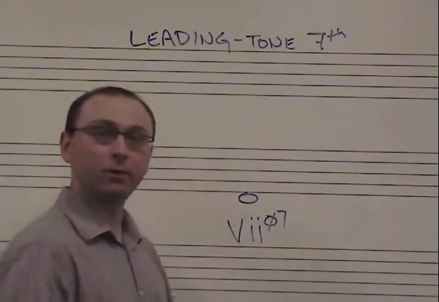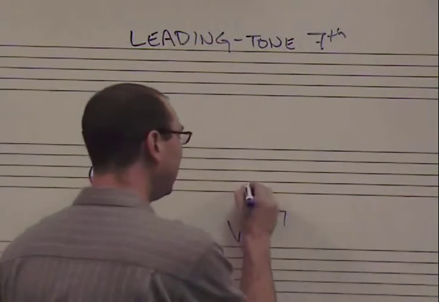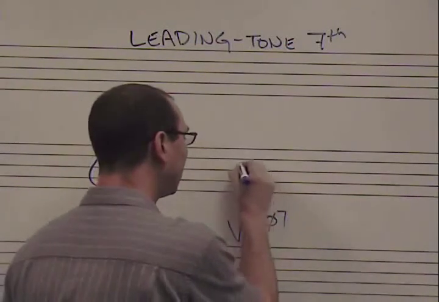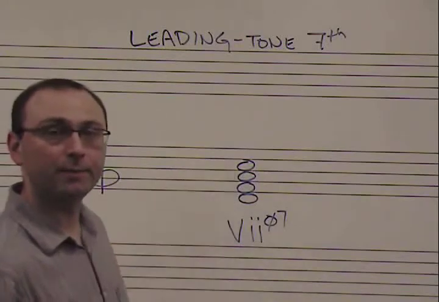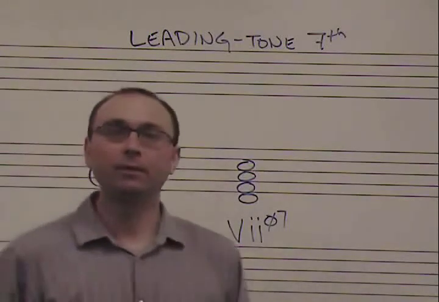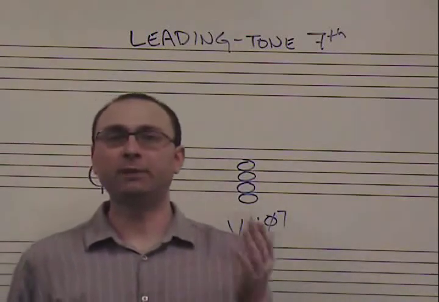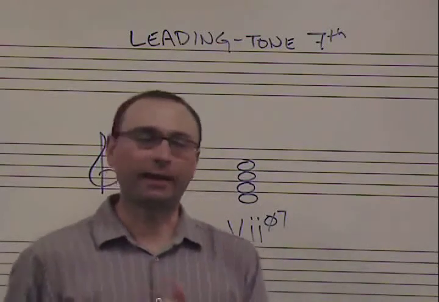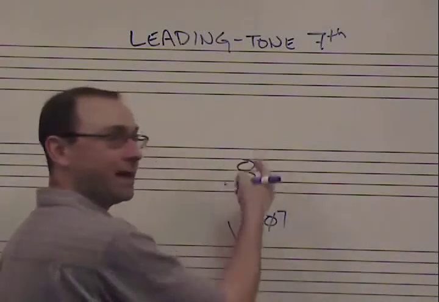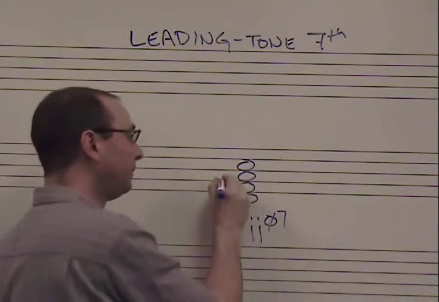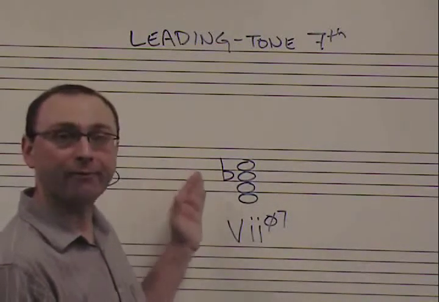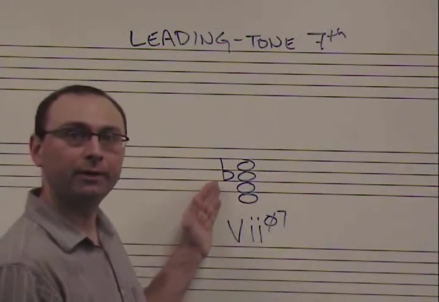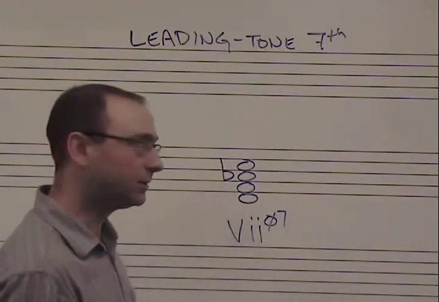So to spell this chord, to just simply construct this chord, we build the pitch structure and apply the key signature. The key of E flat major has B flat, E flat, and A flat. I apply those flats where appropriate.